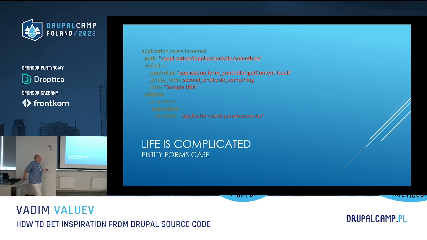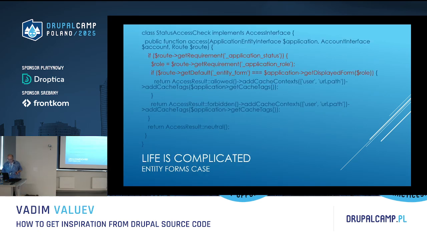But okay, in this case we also have core mechanics, and here I think this is exactly the case of this parameter converter, which is not present in the core. It's hard to find the example. So I think I got this from some tutorial, from some explanation, and then dug into the code and saw how it works.